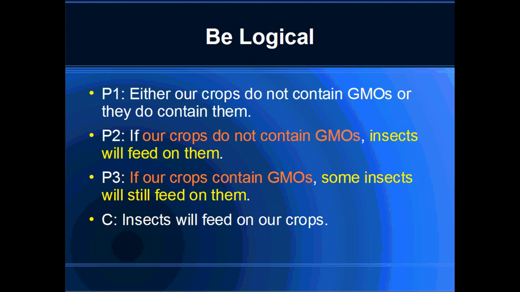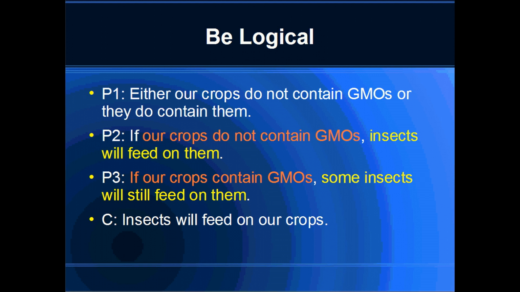Premise 3, if our crops do contain GMOs, some insects will still feed on them. So the conclusion is that insects will feed on our crops, since one of the causes in premise 2 or premise 3 must be true.